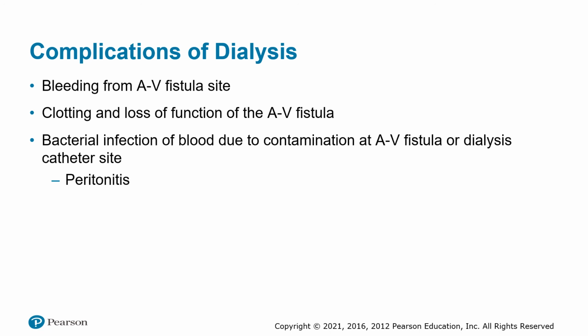Your staff at the center is very well trained to deal with bleeding from the AV fistula site, and they're going to be hopefully on top of it, so that they don't necessarily have to call us, but occasionally it does happen.